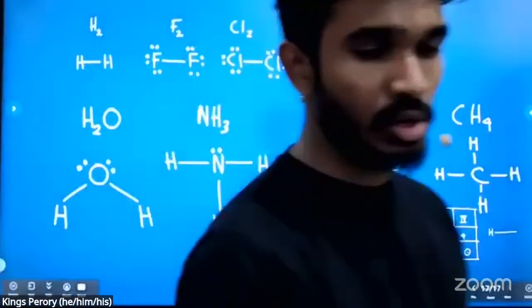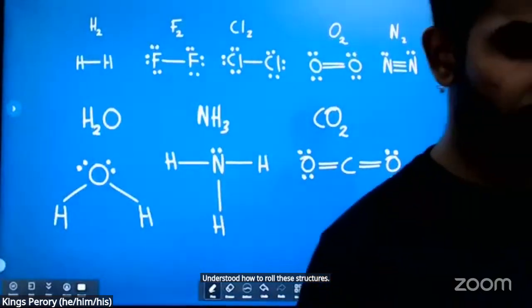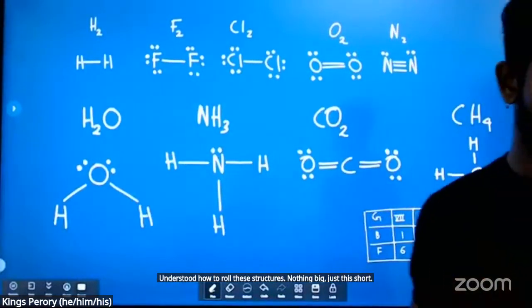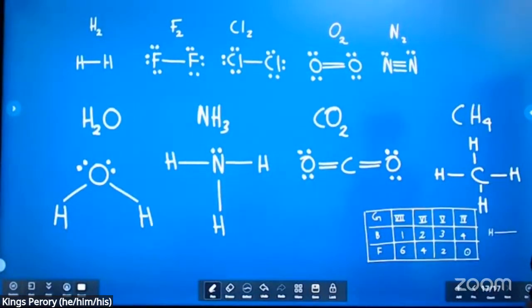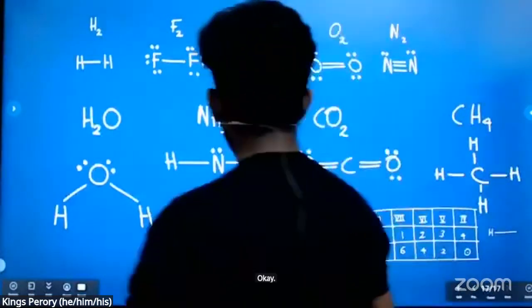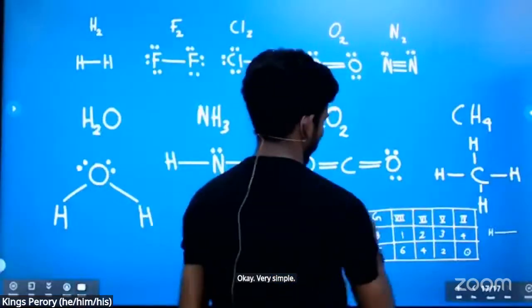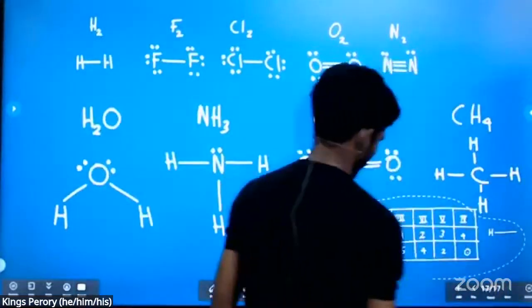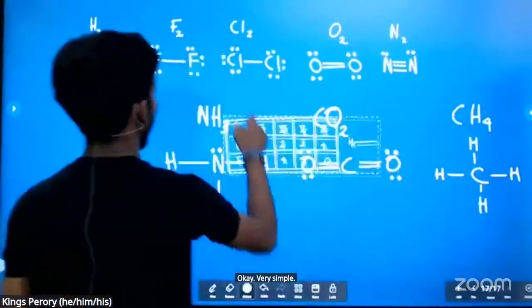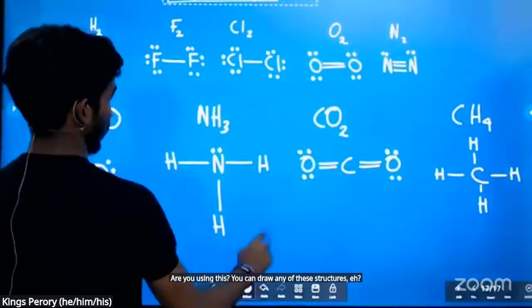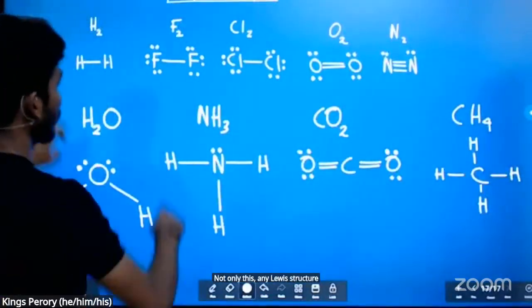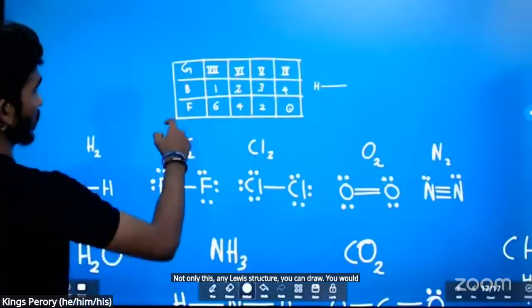Understood how to do Lewis structures? Nothing big. Just this shortcut. Very simple. Using this, you can draw any Lewis structure.